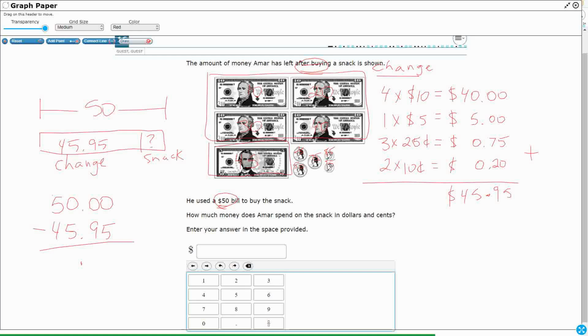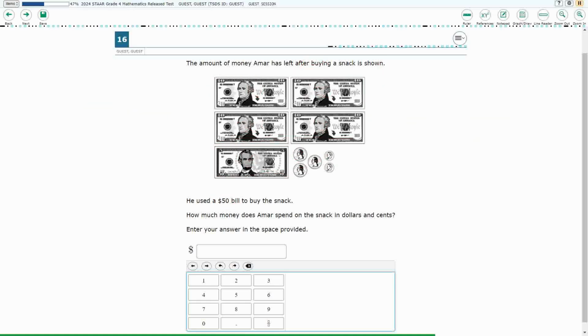So I'm going to take a $10, break it up into 10 ones. I'm going to take one of my ones, leaving 9, break it up into 10 dimes, take one of my dimes, leaving 9, break it up into 10 pennies. Now I can go. That's 5, 0, 4. $4.05, 4.05.